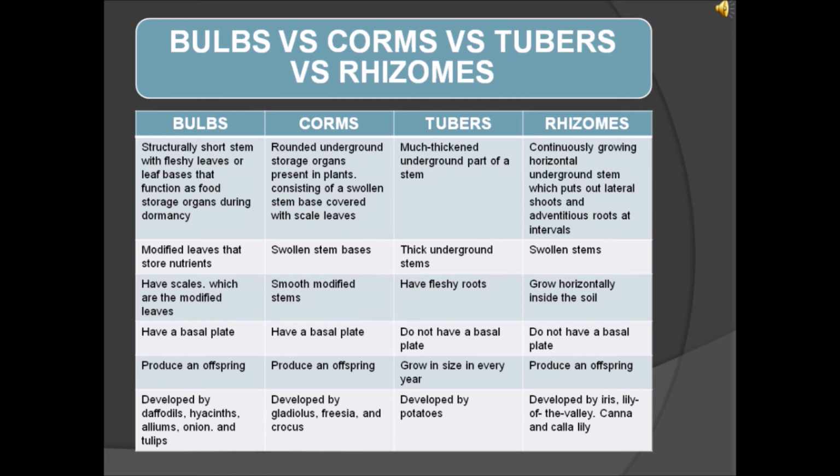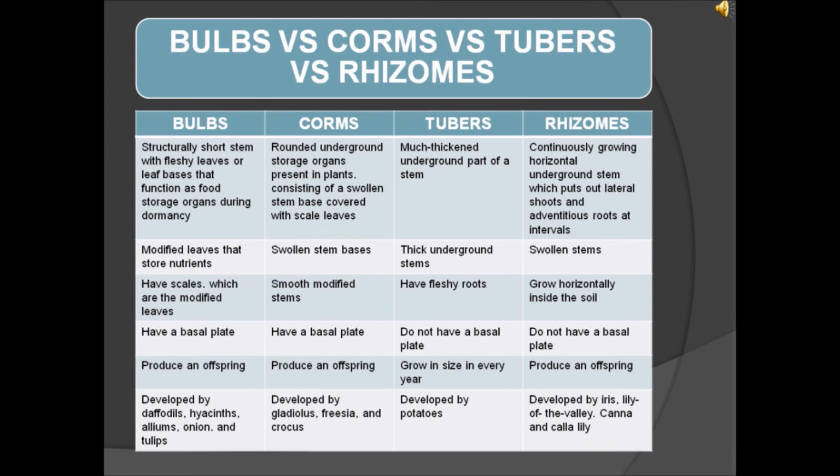Bulbs: structurally a short stem with fleshy leaves or leaf bases that function as food storage organs during dormancy. Corms: rounded underground storage organs consisting of a solid stem base covered with scale leaves.